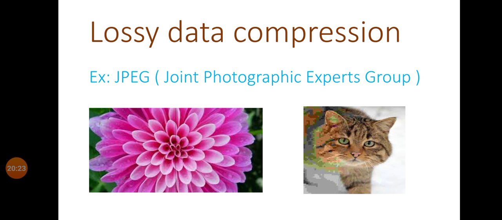In lossy data compression, we use a technique called JPEG. JPEG means Joint Photographic Experts Group. This experts group standard provides a lossy data compression algorithm that can be adjusted to balance image quality against different file sizes.